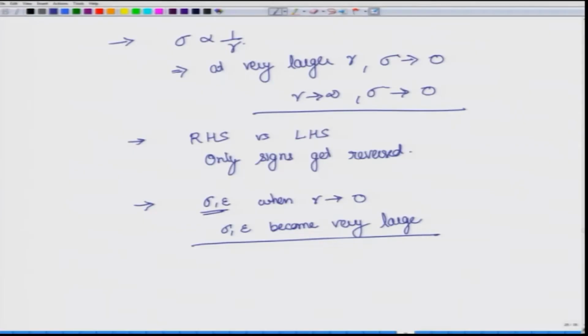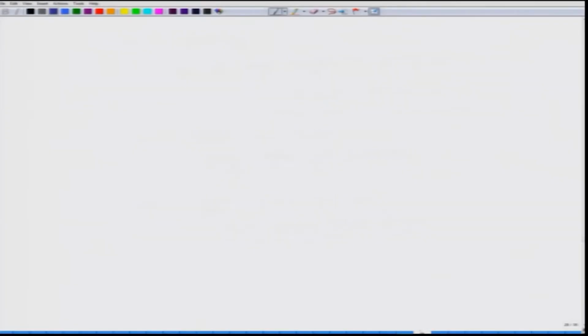When you keep reducing r, stress and strain become very large. They become so large that our initial assumptions that we used when deriving these will not hold, and therefore, these cannot be used all the way up to 0. There is a cutoff radius, and we will see what that cutoff radius is later on. But for now, we are interested in understanding why we do not see radial symmetry.